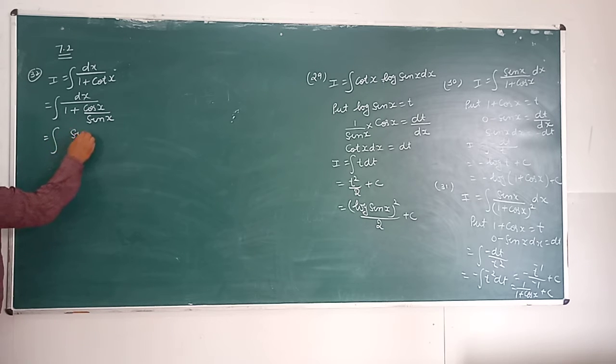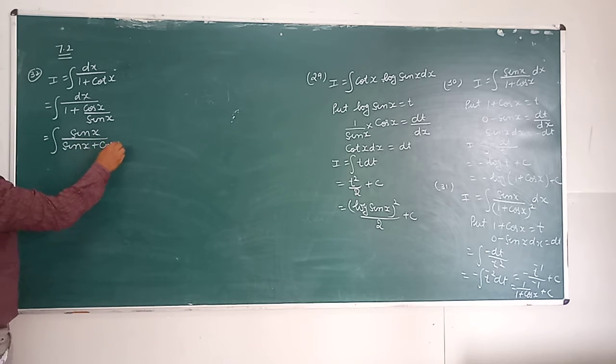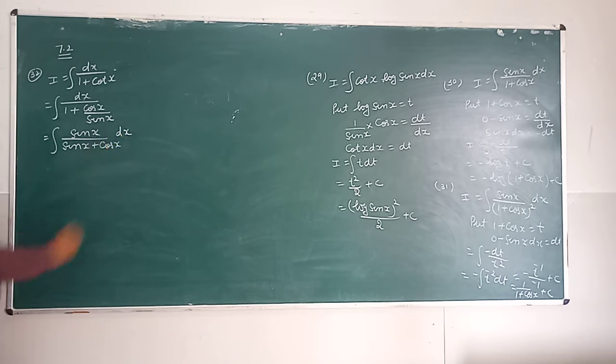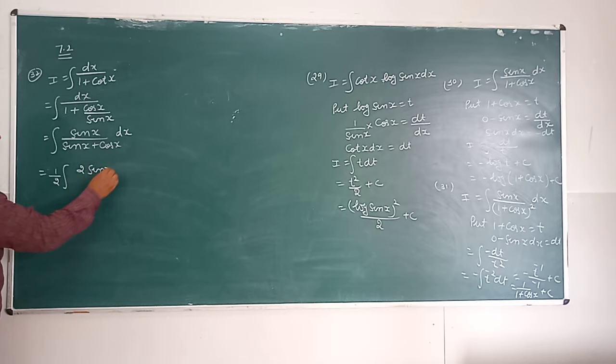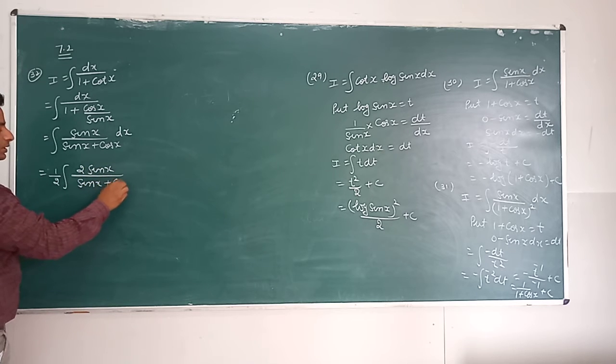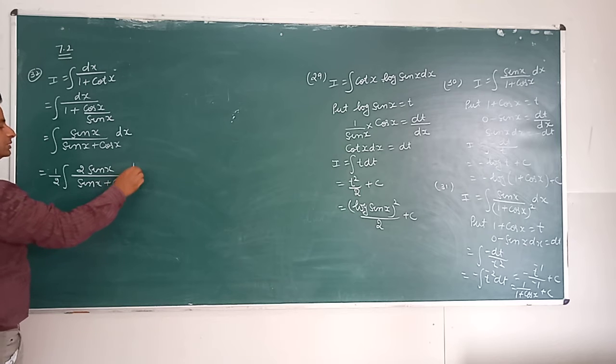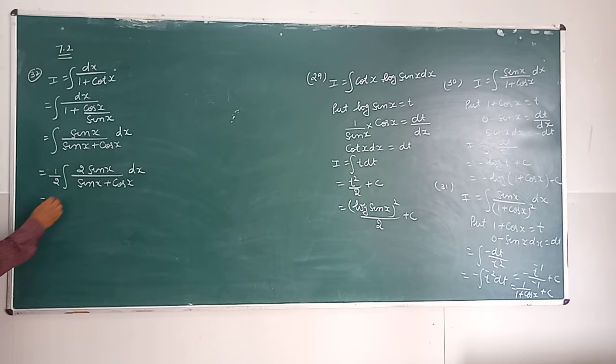So when we take the LCM, this is sin x upon sin x plus cos x. Here is an important step. We divide this by 2 and multiply this by 2. This is the important step of this question.